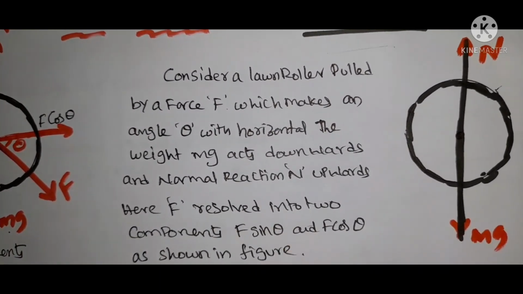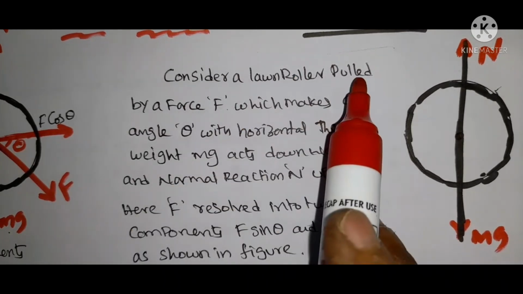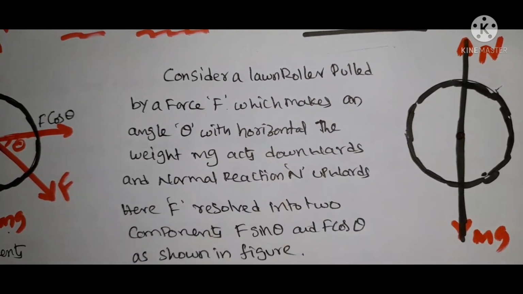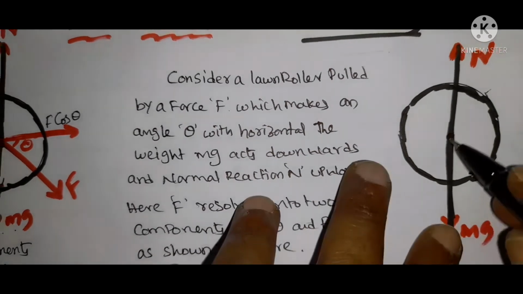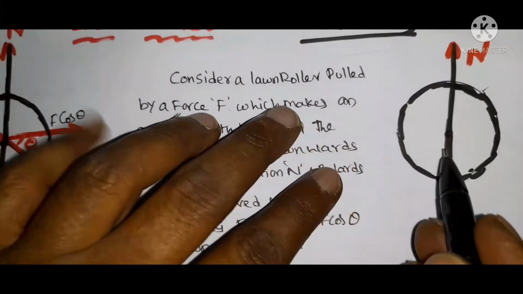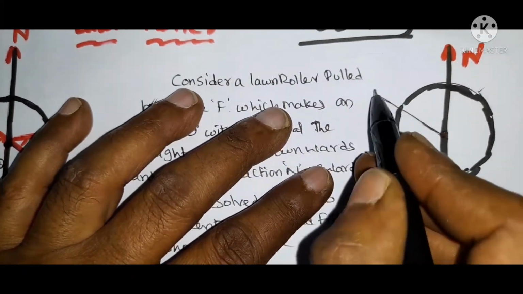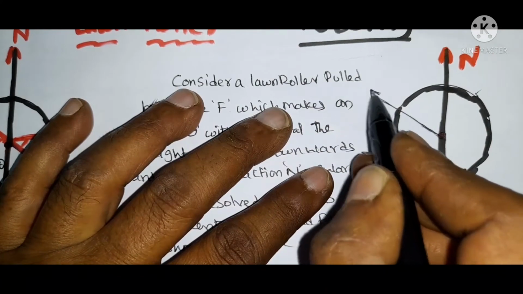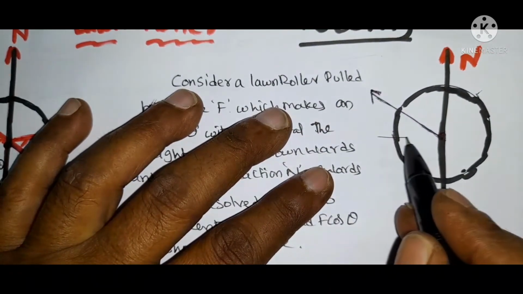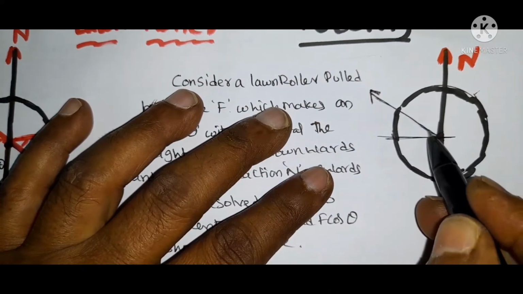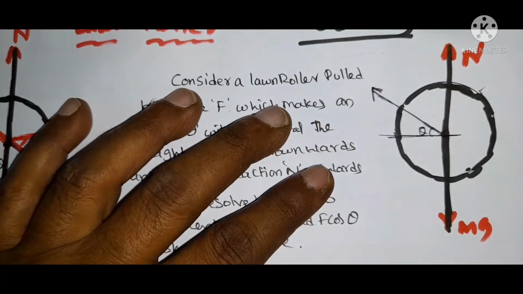Consider a lawn roller pulled by the force F. The lawn roller is pulled in this upward direction, making an angle theta with the horizontal.